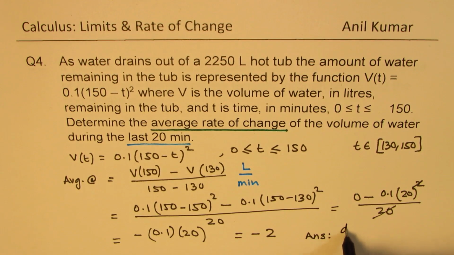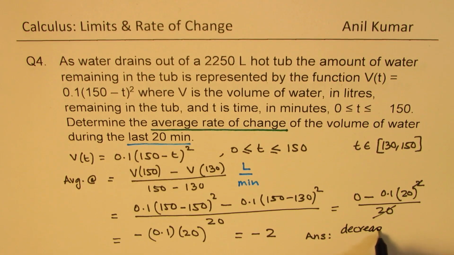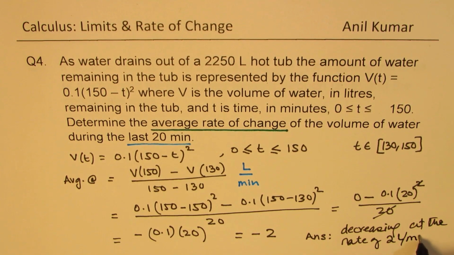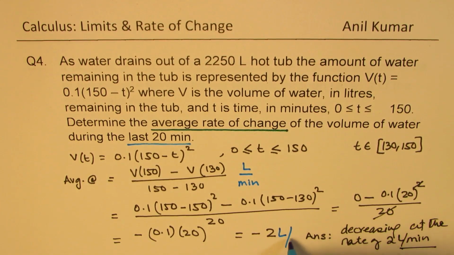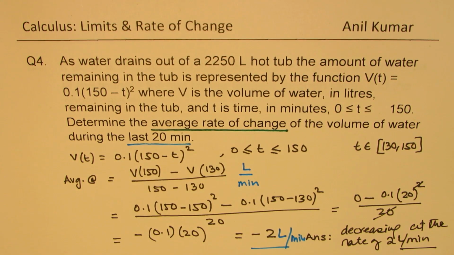So we are saying decreasing at the rate of 2 liters per minute. Is that clear to you, right? Or you could write here minus 2 liters per minute. Is that clear to you? So both are correct answers. So that is how you could answer this particular question.